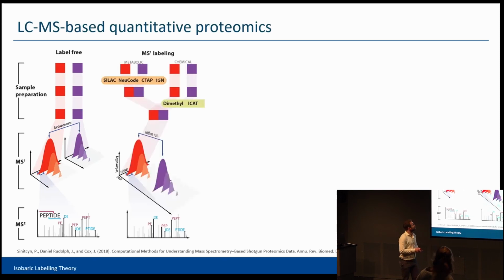But there's also MS1 labeling, so-called isotopic labeling. The idea is that there is a label, a tag somehow introduced in the sample, in the peptides, and it's coded using neutron-based labeling. That has the big advantage that if you have one neutron more in your atom, everything is a little bit heavier, but the chemical properties stay the same.